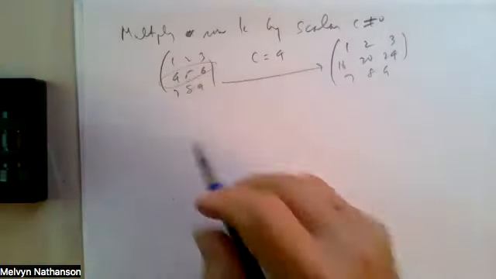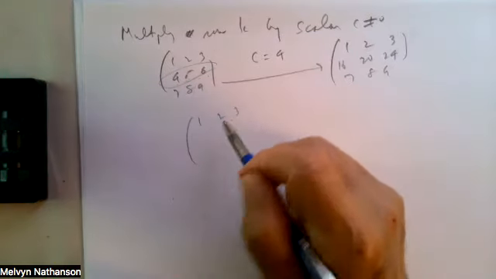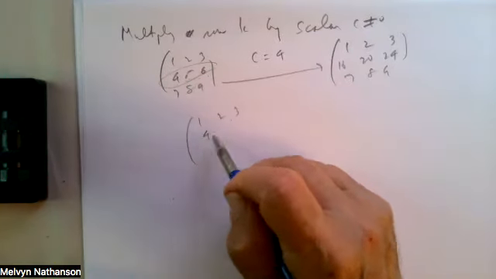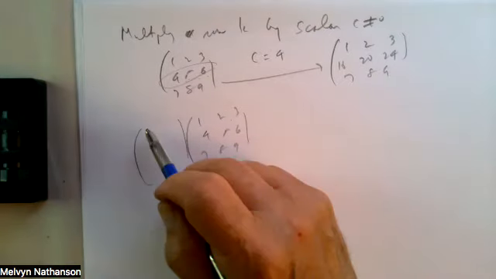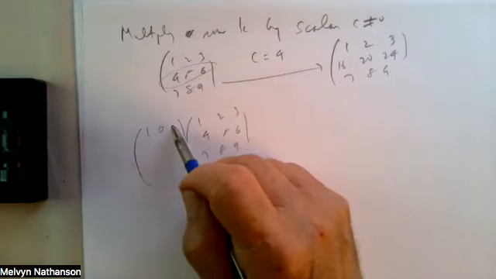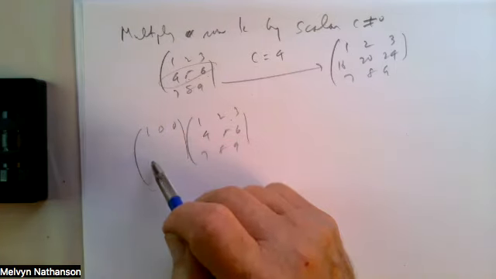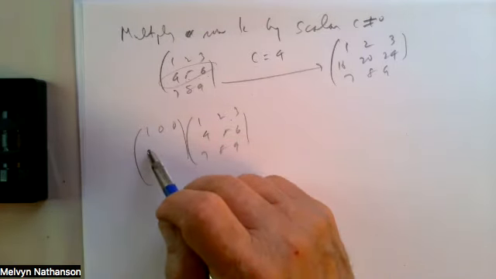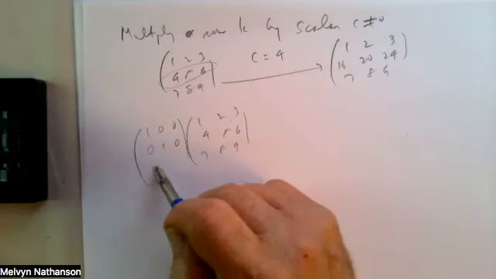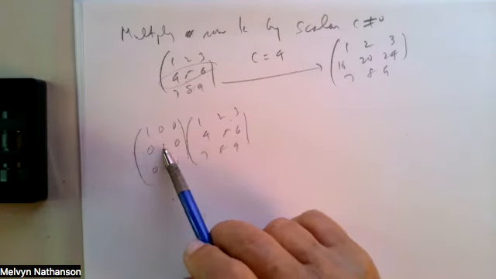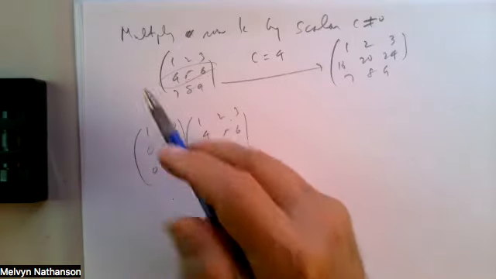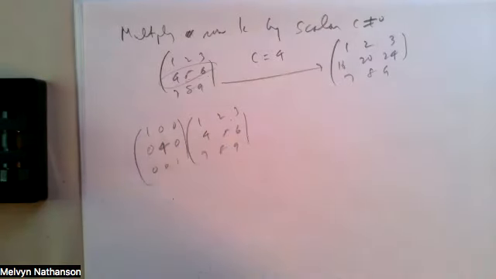And you could obtain the same thing by taking the matrix 1, 2, 3, 4, 5, 6, 7, 8, 9, and multiplying it on the left, not by the identity, but if you multiply the second row of the identity by 4, you will get this matrix.